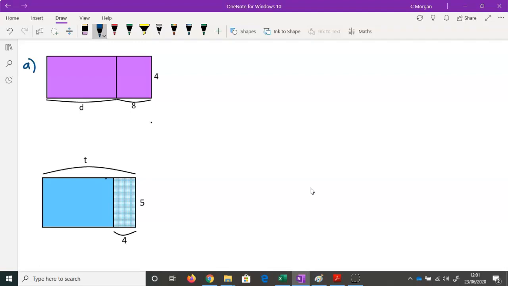Now I can see that the first rectangle is D multiplied by 4, D times 4, and the second rectangle is 8 multiplied by 4. So one way of finding the area is to do D times 4, add 8 lots of 4. I could write that as 4D, add 32.